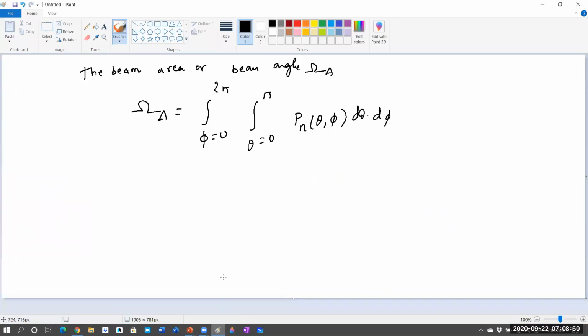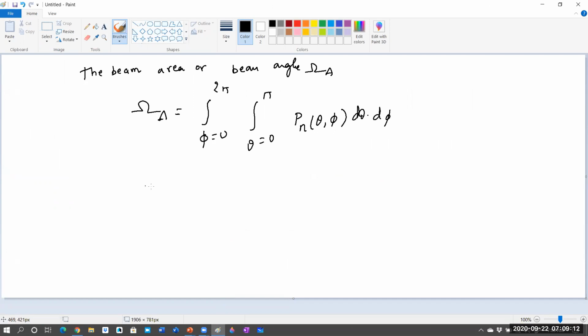When we write the formula, the spherical beam area omega suffix A of an antenna is the integral with phi equal to 0 to 2 pi and theta equal to 0 to pi, where the power is represented by Pn of theta comma phi, sin theta d theta d phi.